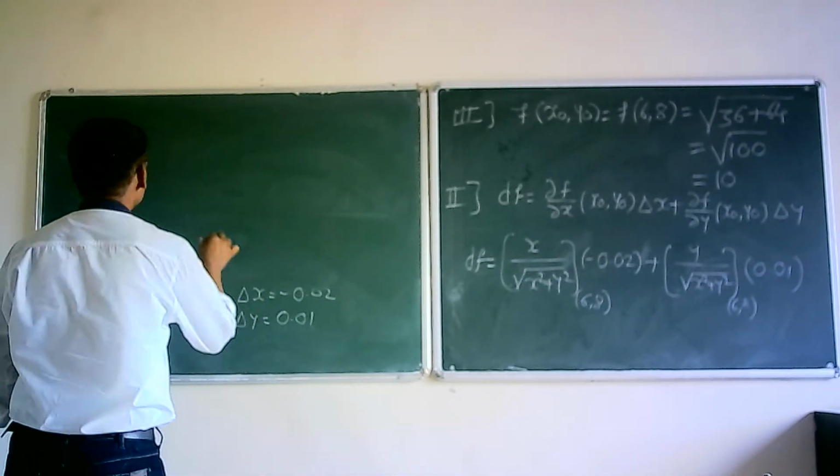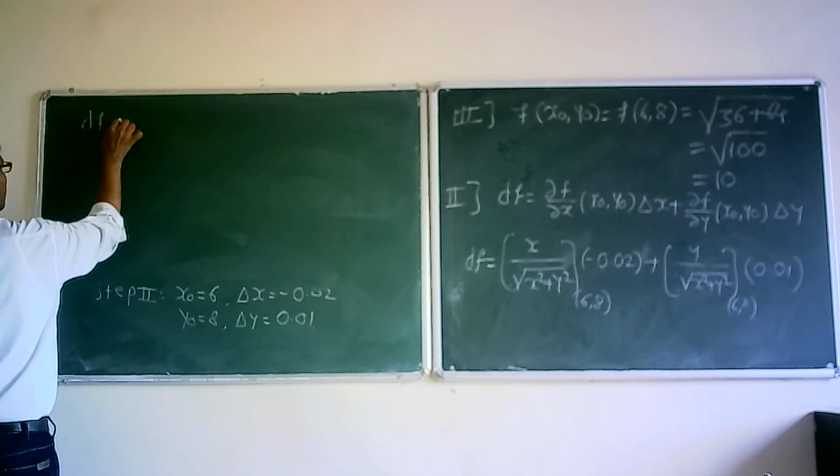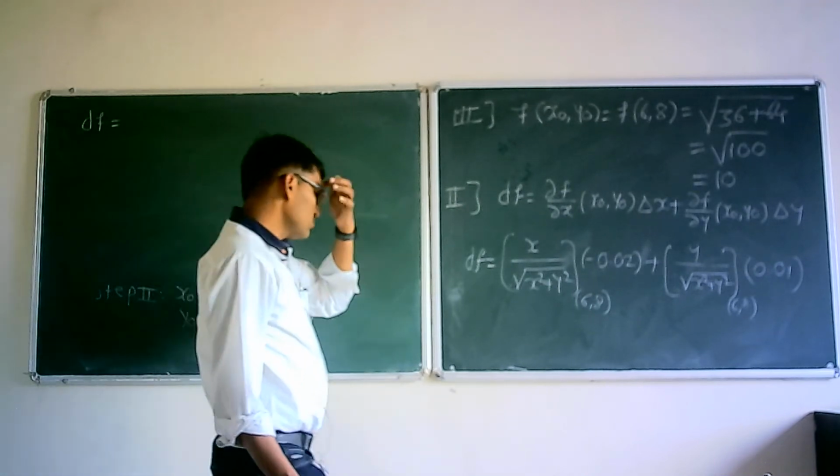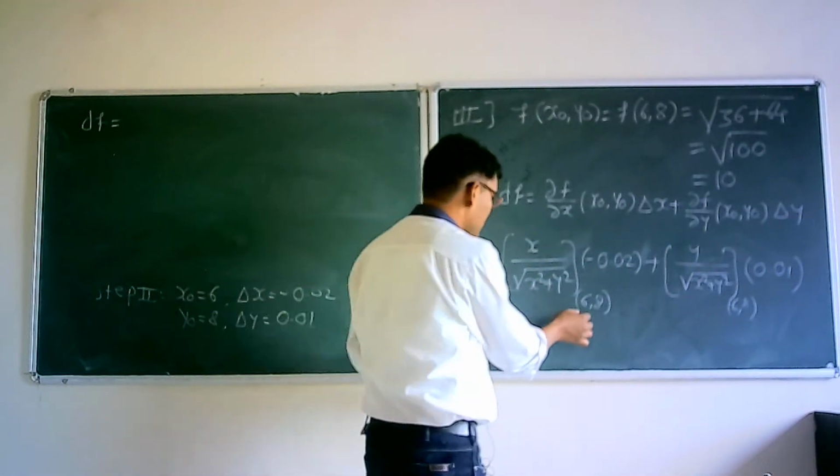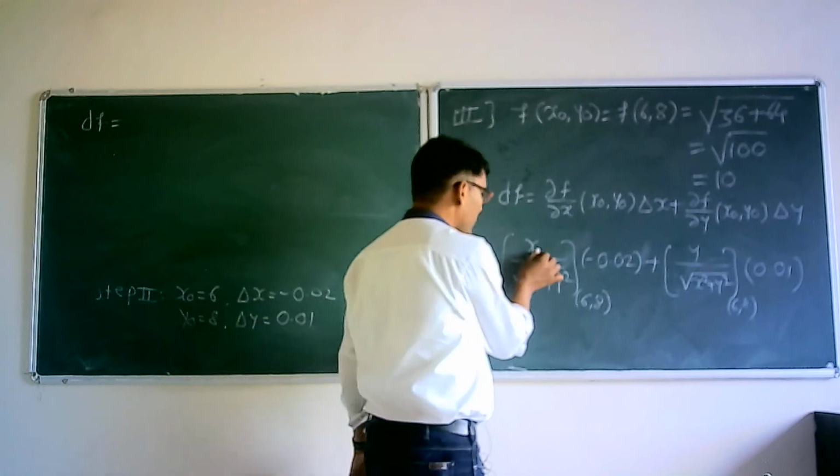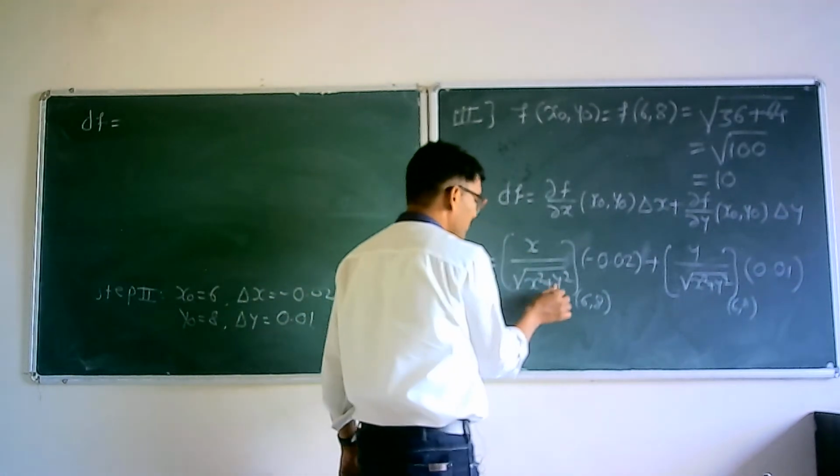So if we simplify this, we'll get df is equal to, okay, so what is here? At x0, y0, in place of x we put x0, and in place of y we put y0.